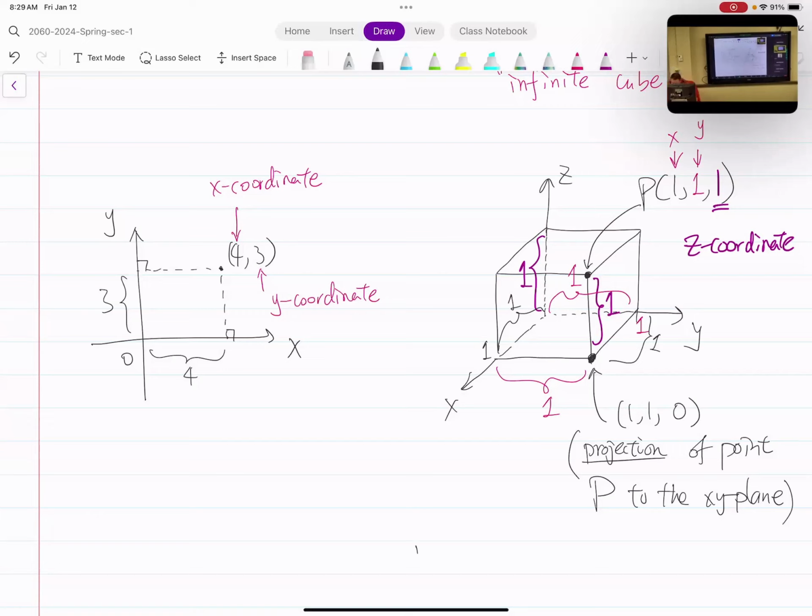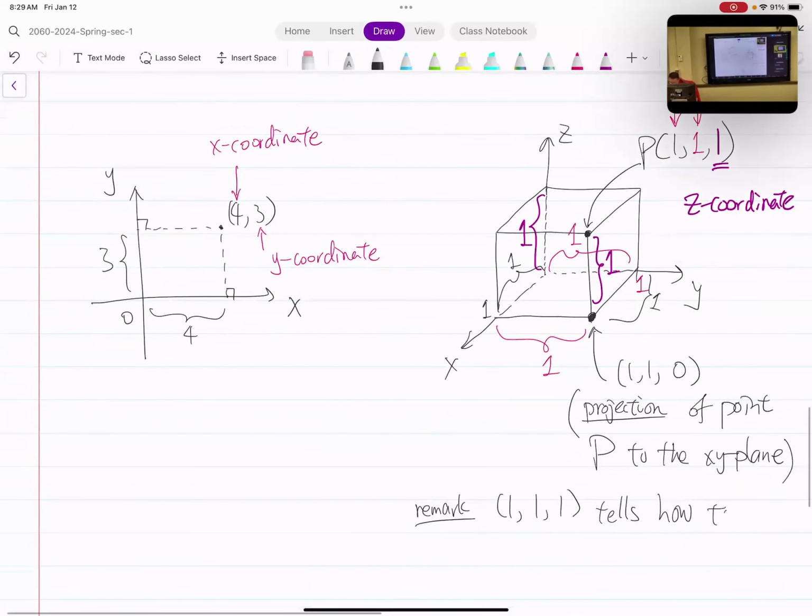So, a small remark. 1, 1, 1 actually tells you how to move from the origin to the point P. So the origin is actually the point 0, 0, 0.